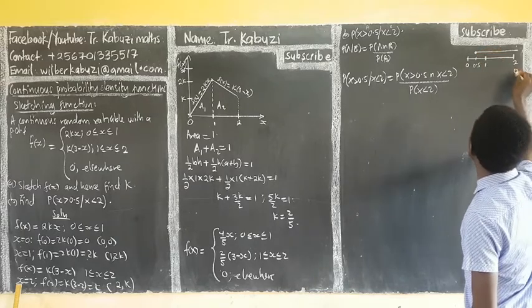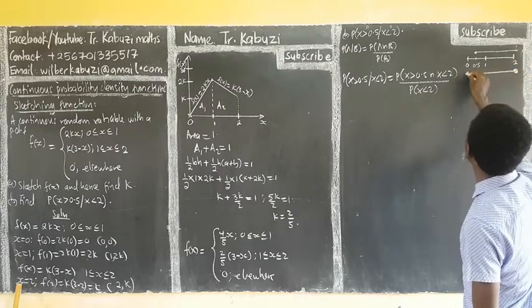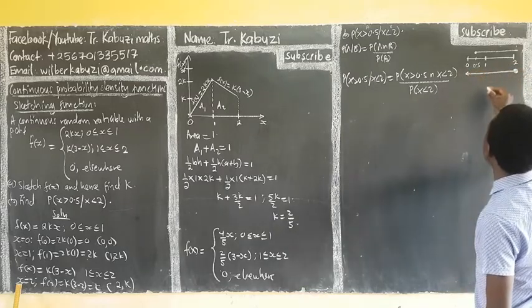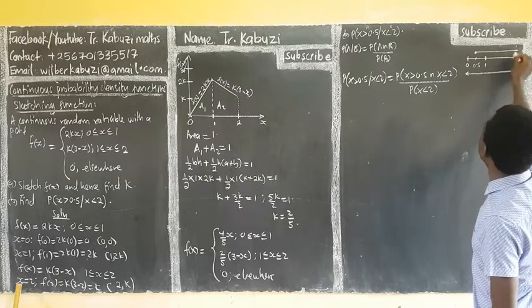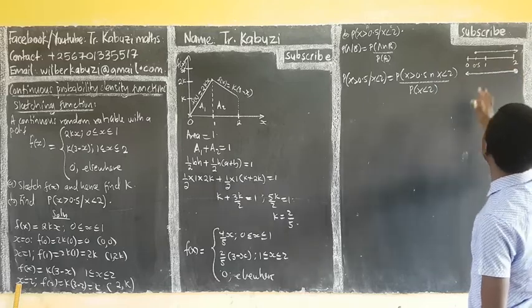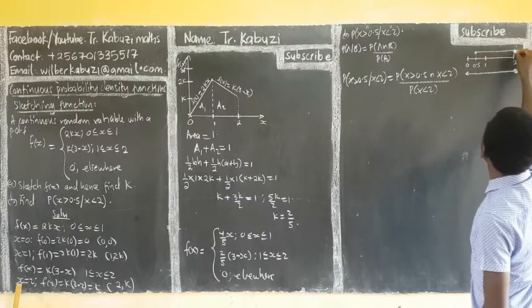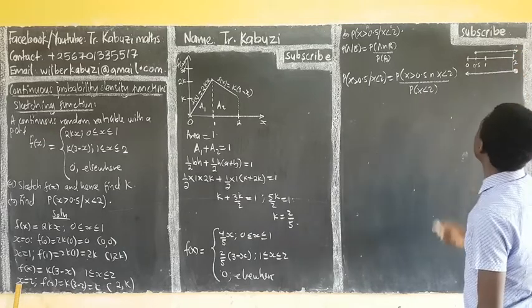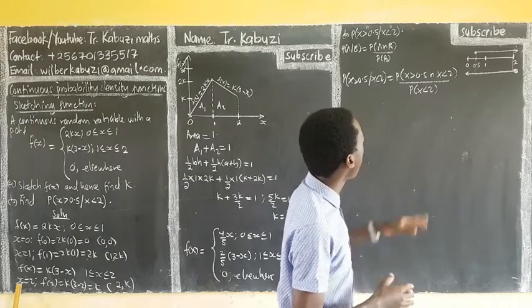Anyway, we are continuous from here up to here at 0. So the intersection of these two, from here up to here, then from there up to there, is where they are going to intersect. We say that in continuous distributions.